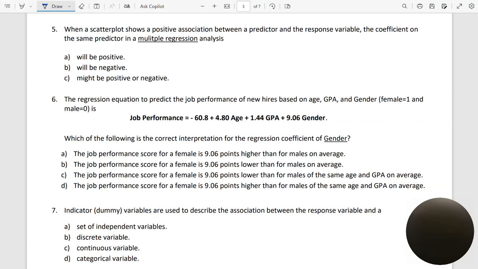When the scatter plot shows a positive association between the predictor and response variable, the coefficient on the same predictor in the multiple regression analysis will be positive, will be negative, or either. All right, so in this case, it says a scatter plot, right? So that means a scatter plot between the predictor and the response variable shows a positive relationship.